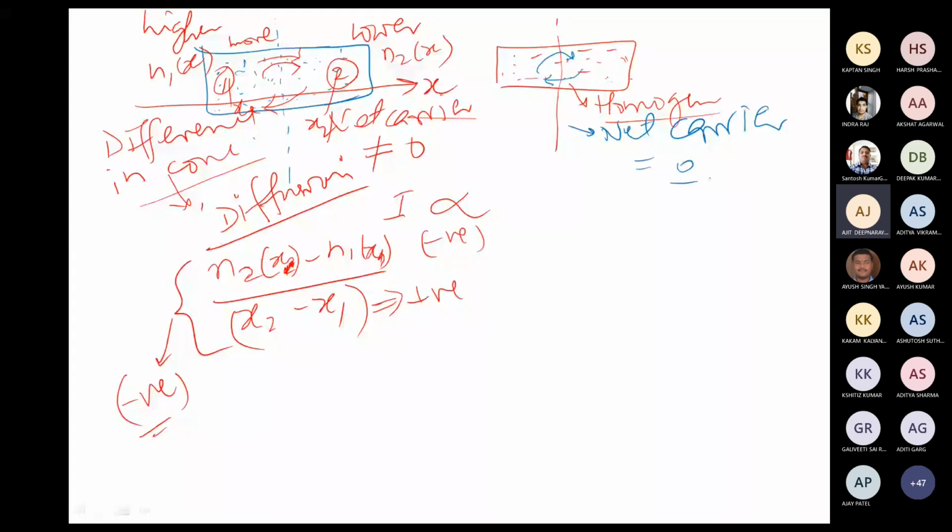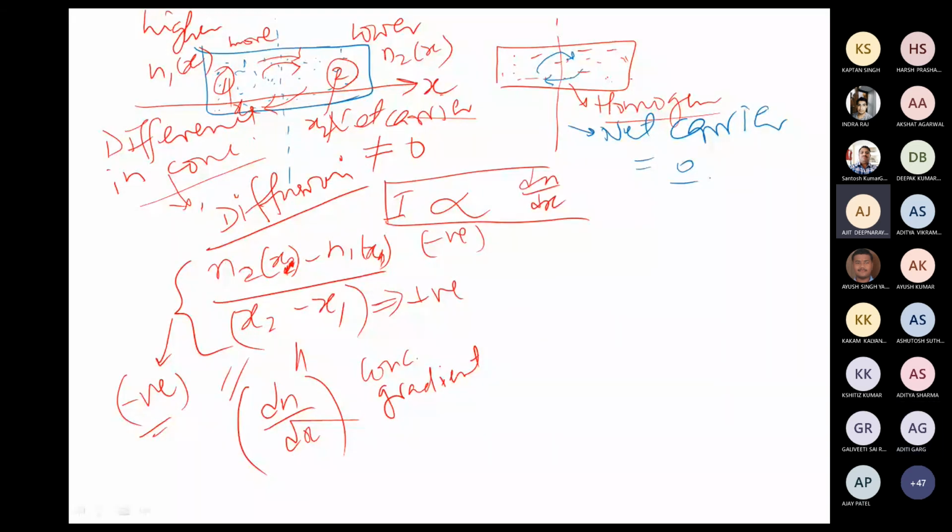We generally represent this as dn by dx, which we can call a concentration gradient. So we define the concentration gradient to be given by dn by dx, which is equal to this. Our current I is proportional to this dn by dx.